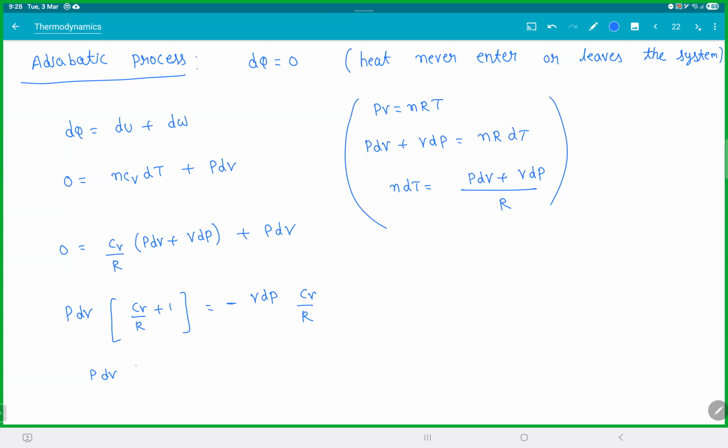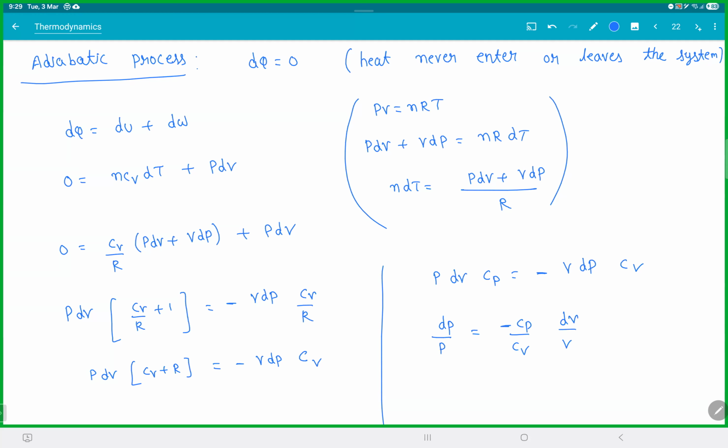So this will be PdV (Cv plus R) minus VdP Cv. That becomes PdV Cp is equal to VdP Cv. So dP by P is equal to minus Cp by Cv dV by V.